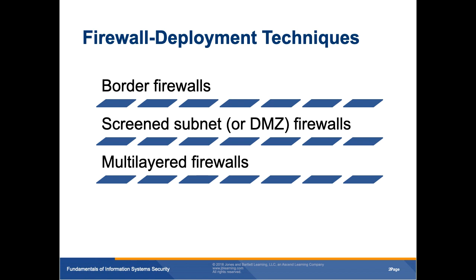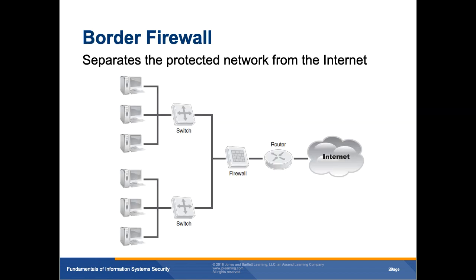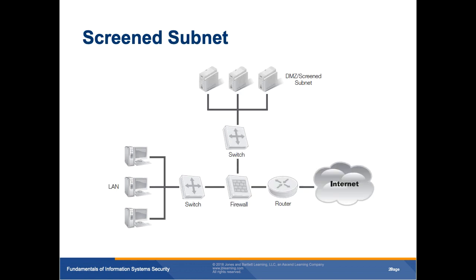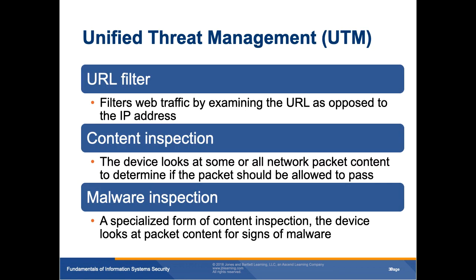You want to create layers in defense. Here's the border firewall. As I said, typically the router outside the firewall and the firewall blocking the internal network. But in a lot of cases you'll have an internal router though on the other end. Here's the screen subnet, where the DMZ is off the firewall, and the network is off the firewall, and they don't show the multi-layer, of course.